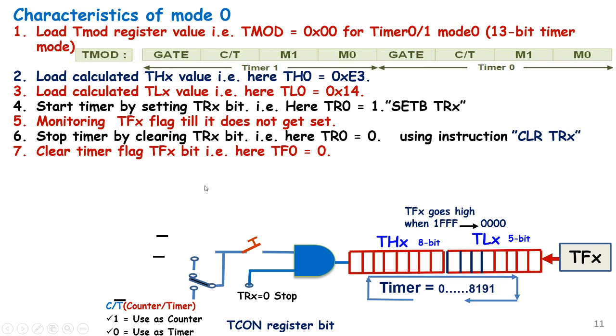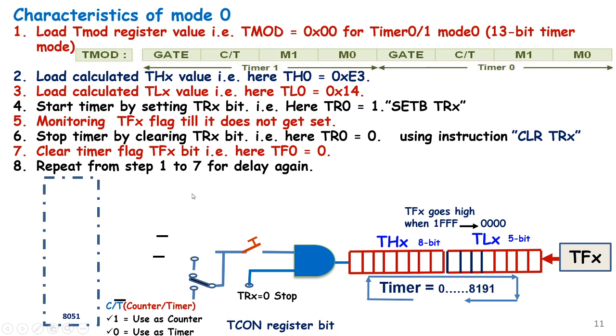So this will be stopping the timer. Clear the timer TFX bit by using TF equal to 0, and repeat the process from step 1 to 7. So steps 1 to 7 are repeated again.